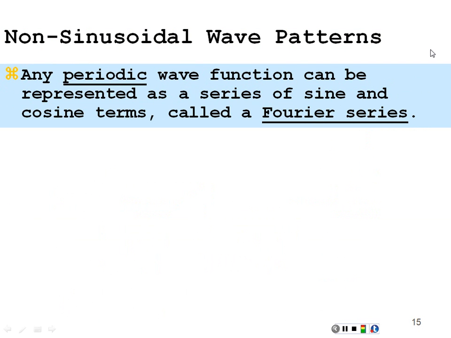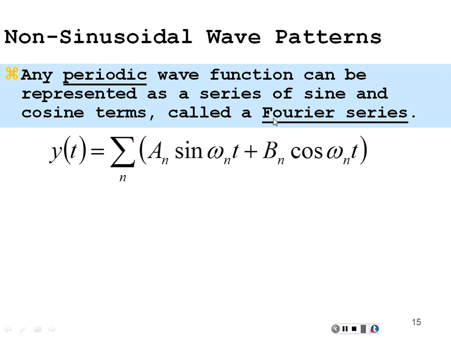Any periodic wave function can be represented as a series of sine and cosine terms. This is called a Fourier series. Looks something like this. Our wave function y of t is equal to a summation over n of amplitudes, a sub n, sine of angular frequencies, omega sub n, t, plus the same type of terms in the cosine form.